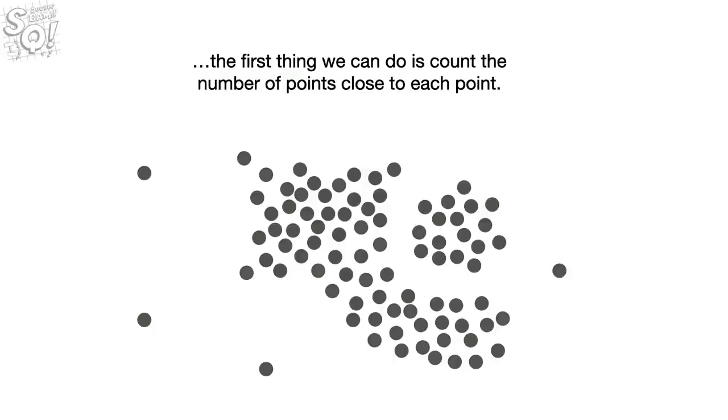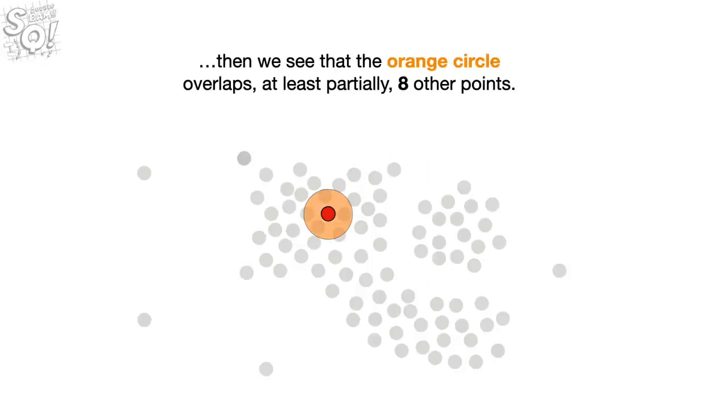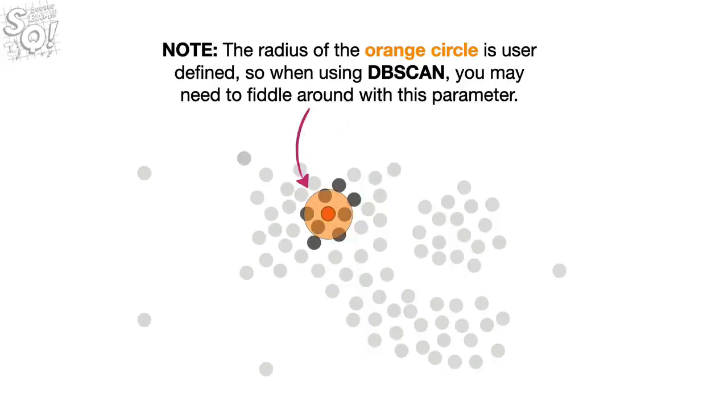Now, starting with the raw, unclustered data, the first thing we can do is count the number of points close to each point. For example, if we start with this red point, and we draw an orange circle around it, then we can see that the orange circle overlaps, at least partially, 8 other points. So the red point is close to 8 other points. Note, the radius of the orange circle is user-defined, so when using DBSCAN, you may need to fiddle around with this parameter.